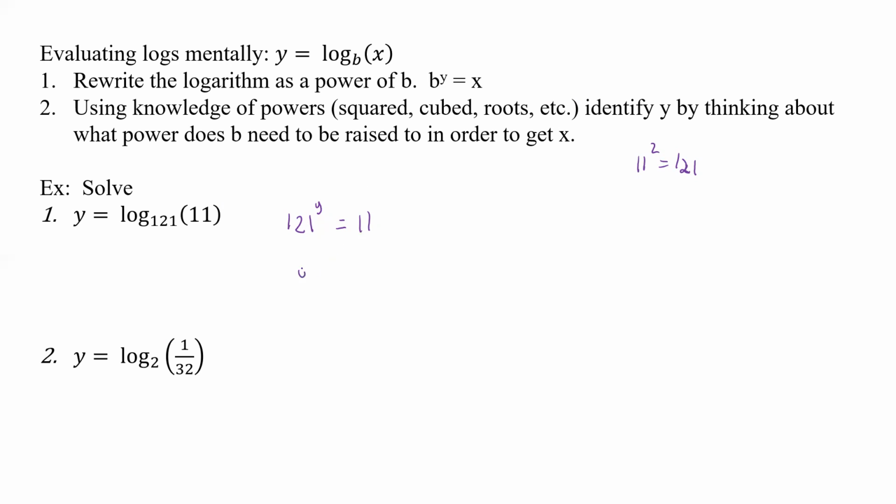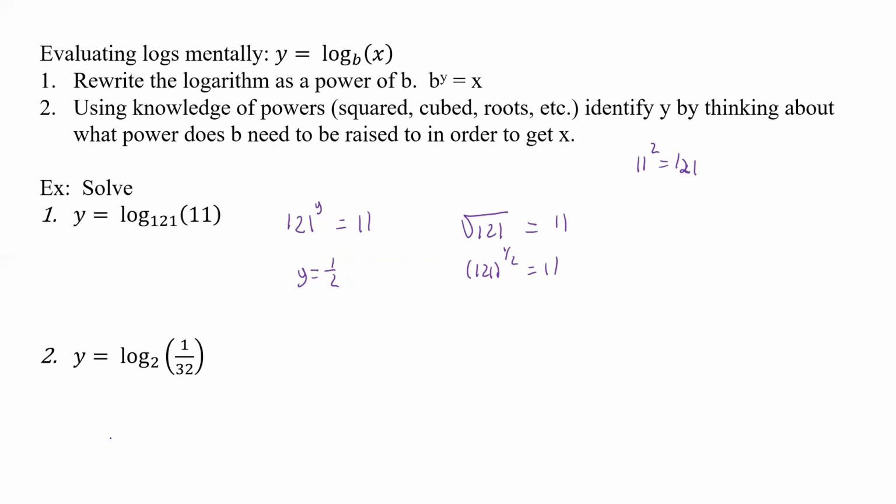And so that means y is going to be a half. Well, I should say y equals a half. Okay, and so that means the square root of 121 is equal to 11. Does that make sense? Yeah, that's true. And we could also write it as 121 to the 1/2 is equal to 11, and that works as well. And so here, this is equal to the half.